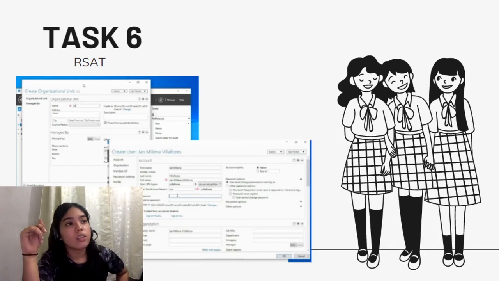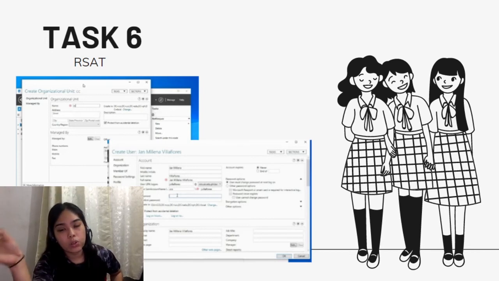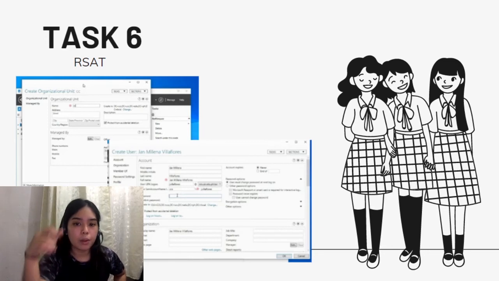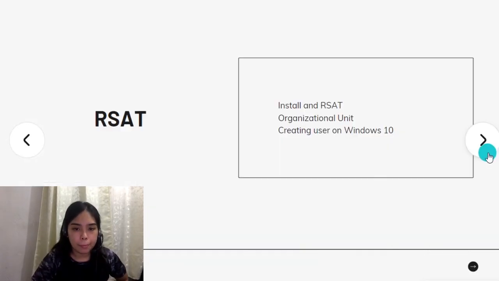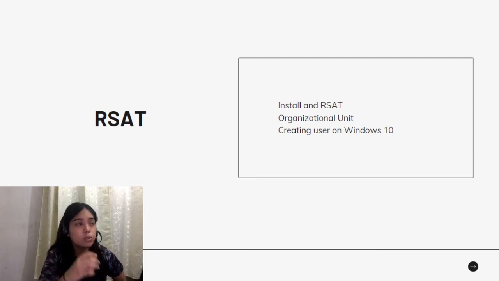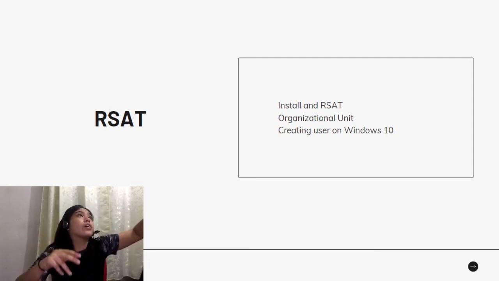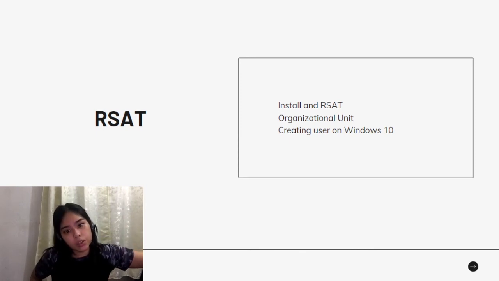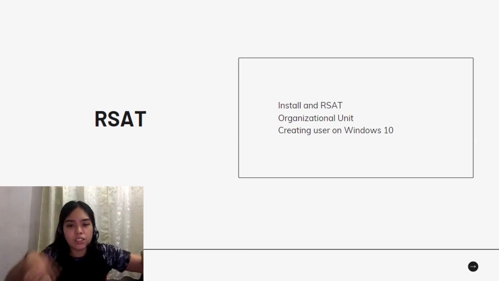So the things that we have done in Windows Server we were also able to do in the Windows 10 environment. An organizational unit is like a higher thing, like a branch, the one that can control the users.